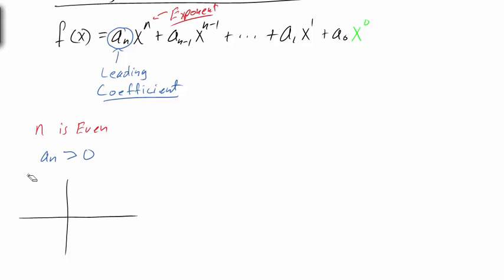Or it may say that it rises to the left. So your graph is going to be pointing up to the left. Now, we don't know what's going to happen in between, but then over here at the far right, your graph is going to also be pointing up to the right or rising to the right. And that's going to happen anytime that your exponent is even and your leading coefficient is greater than 0, which means your leading coefficient is positive.